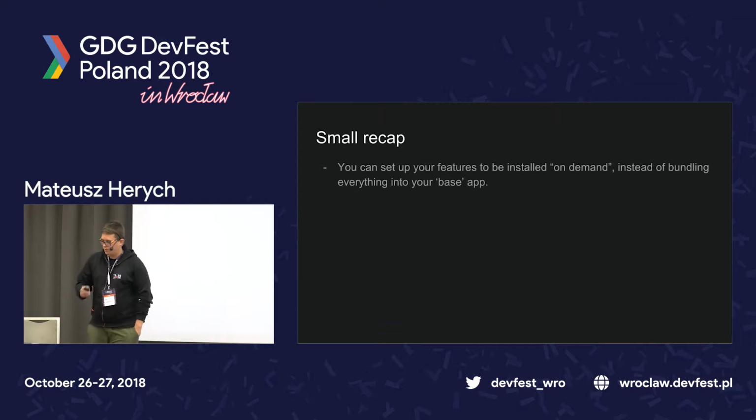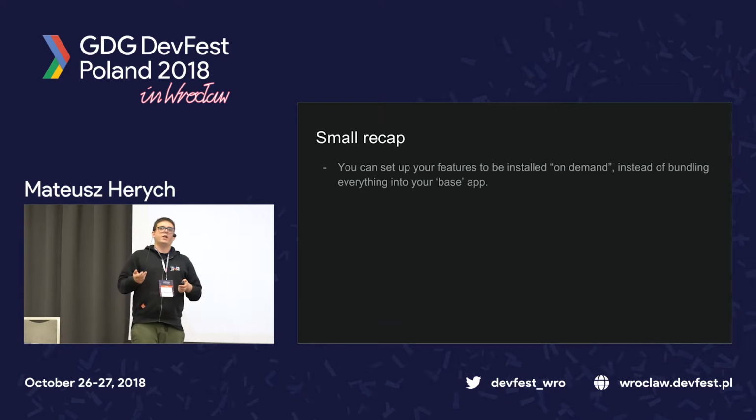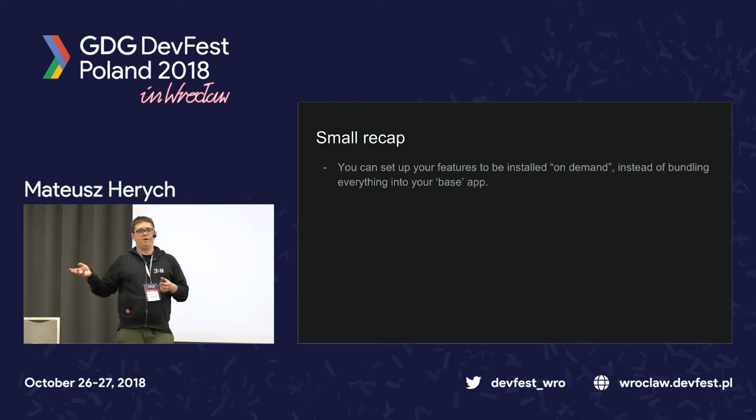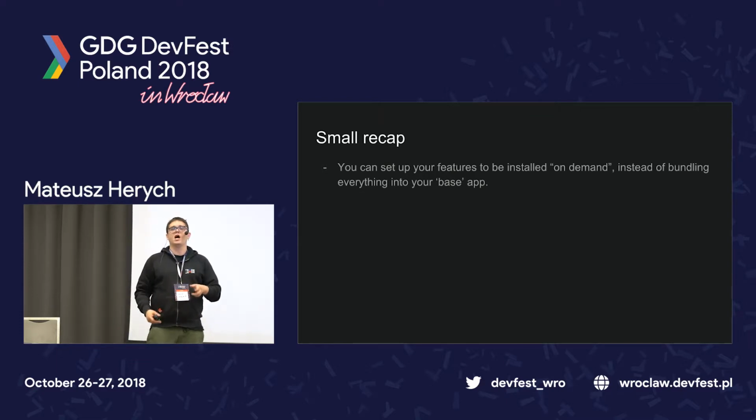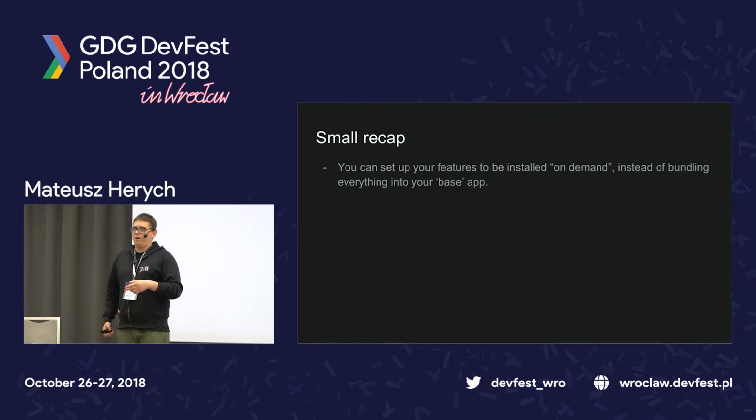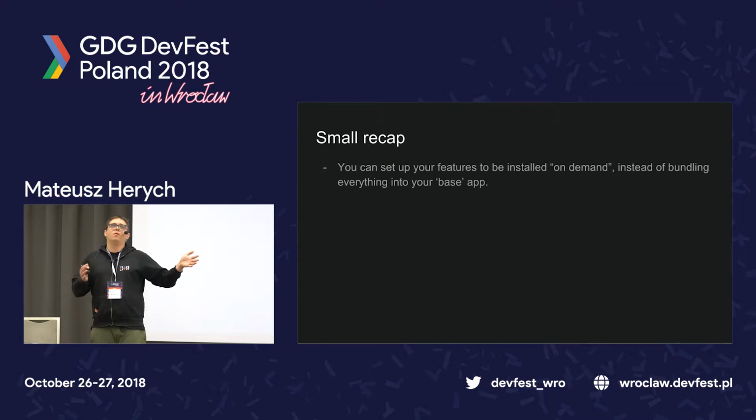Dynamic feature modules mean that you can install features on demand instead of building everything into your base app. Imagine you have a functionality that only a small portion of users is using. Like in our example, uploading an ID document. Most of the users that download the app can be, for example, auto-verified using some kind of government system that we are connected to.